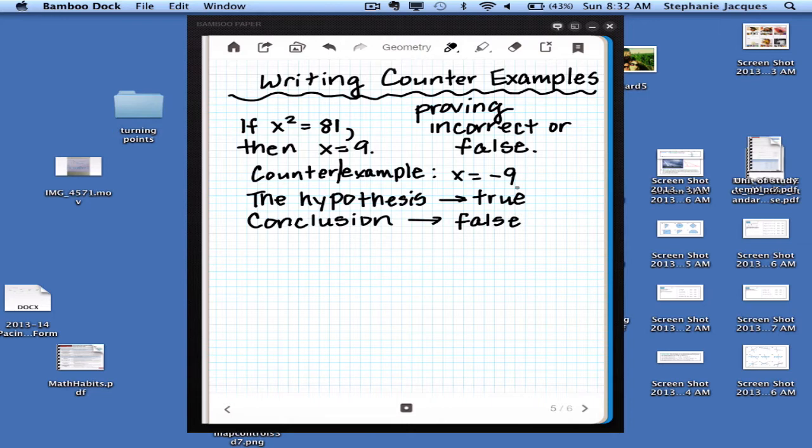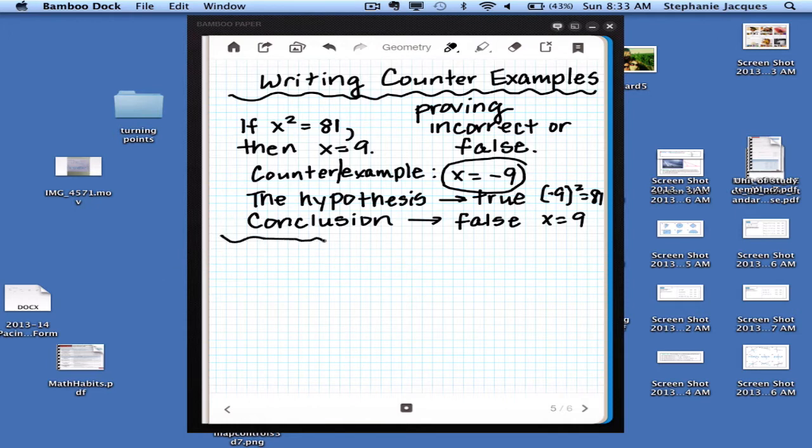And what I mean by that is if you plug this into your hypothesis, the if part, so we're going to go -9 squared equals 81, that's true. But then it says that x must equal 9, and that is not true. It has to be a -9 as well. So that's an example of writing a counterexample.